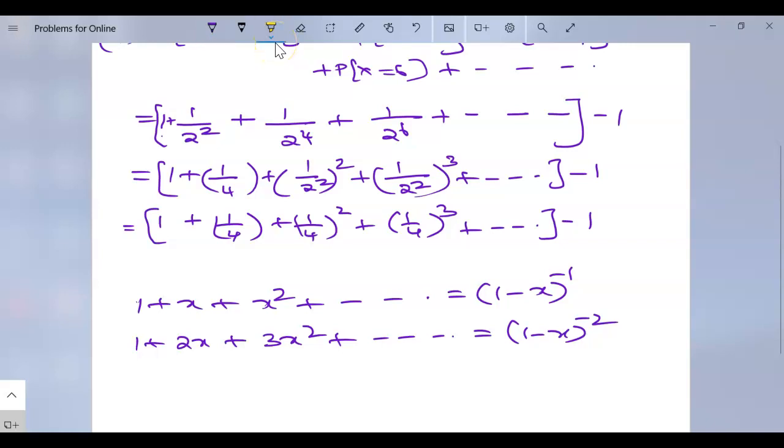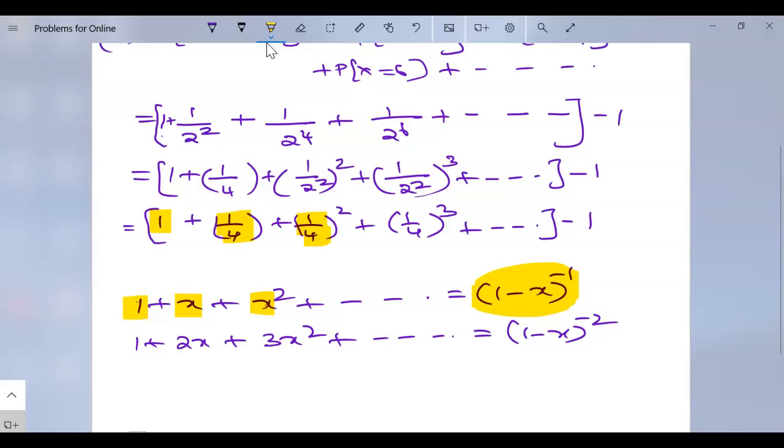But see here, in these two series, here it is 1, 1. Next, here it is x, so here it is 1 by 4. x squared, 1 by 4 the whole square. So if this series goes, this is the answer, 1 minus x the whole inverse. Okay.